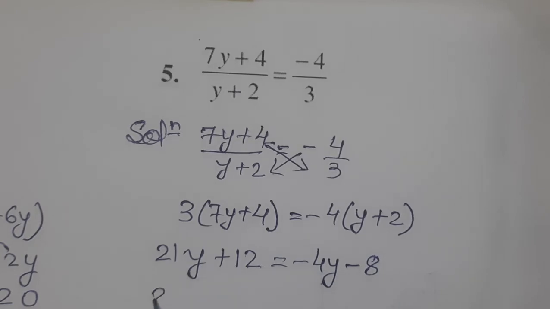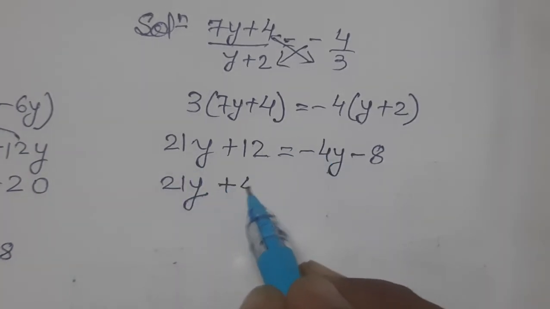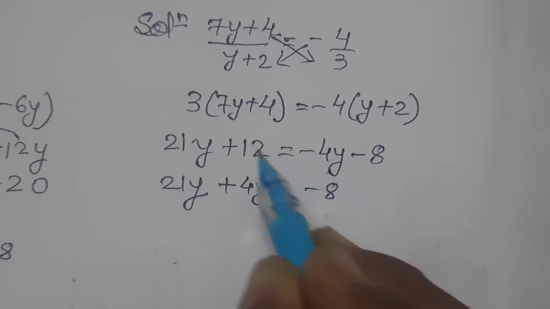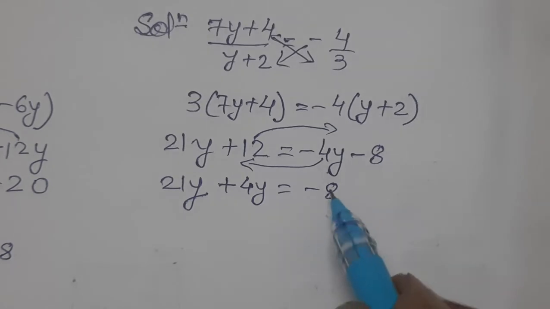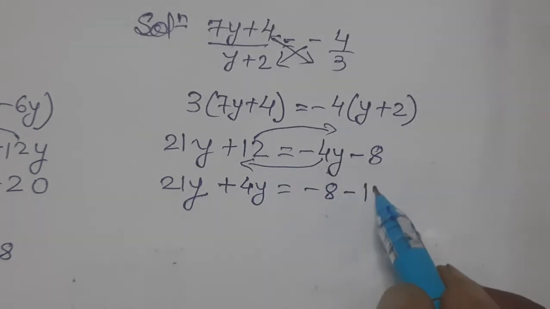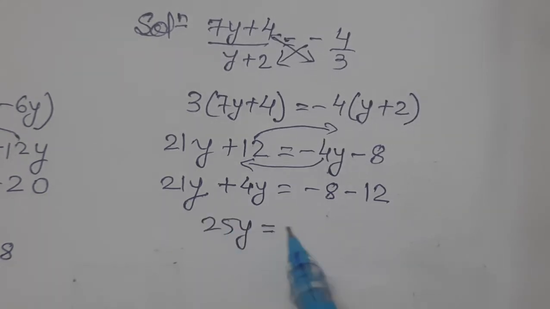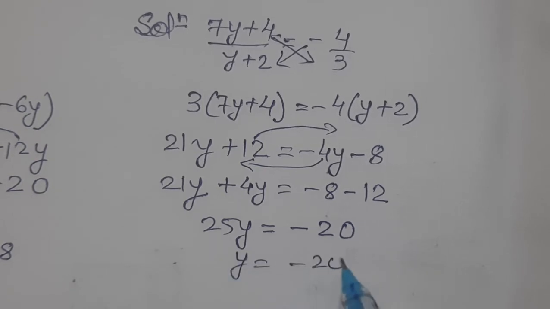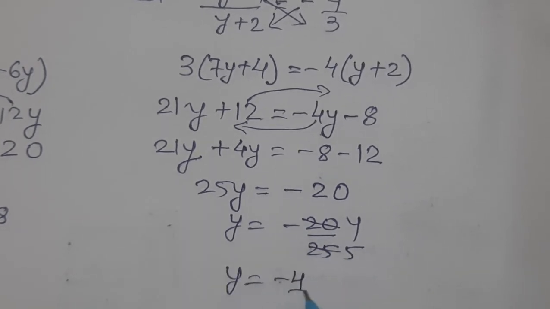Now bringing the variable to one side as usual. 21y, minus 4y will come here, plus 4y, minus 8, 12 will come there, so minus 12. 21 plus 4, 25y, minus 8 minus 12, minus 20. y equals minus 20 by 25. Now cut: 5 4s are 20, 5 5s are 25. So what answer are we getting? y equals minus 4 by 5.